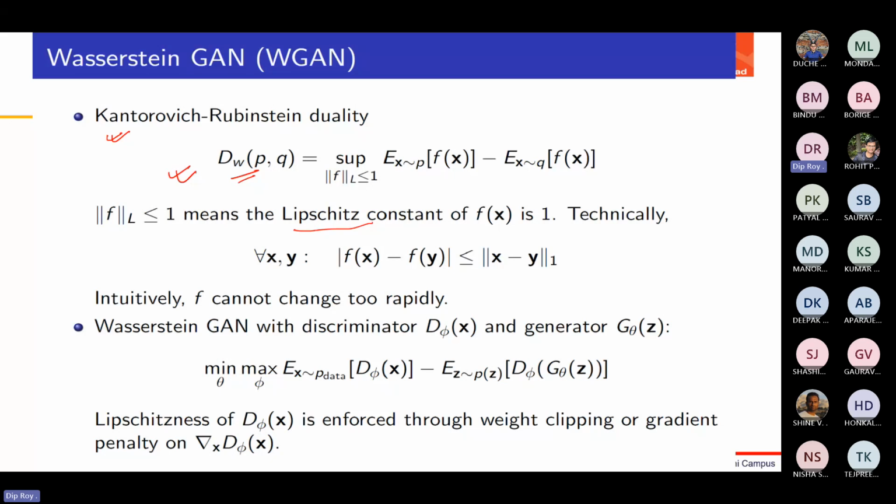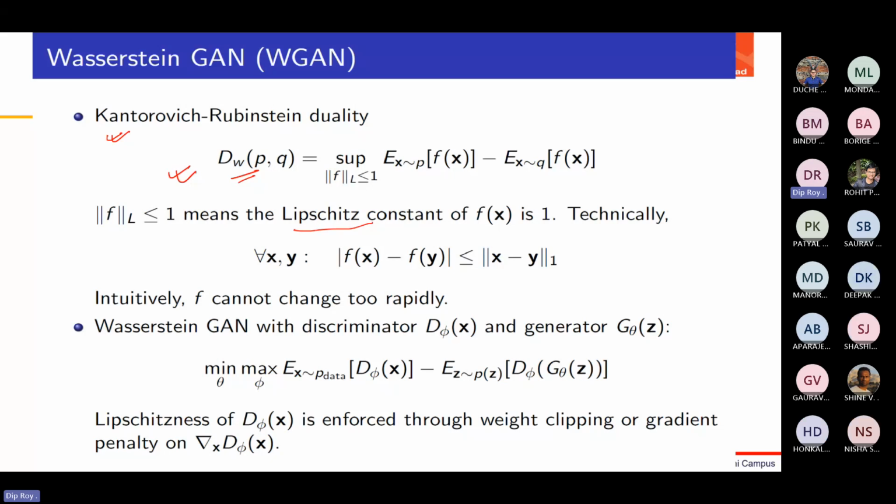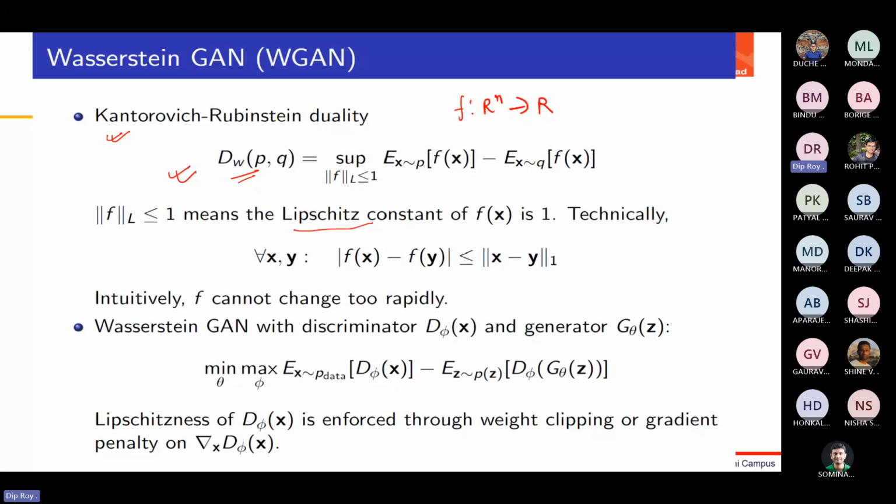For those of you who don't, let me tell you what a Lipschitz function is. Any function f from R^n to R is called a Lipschitz function if it does not change rapidly. When we say a function is Lipschitz, it means that there exists a bound on the slope of the function.